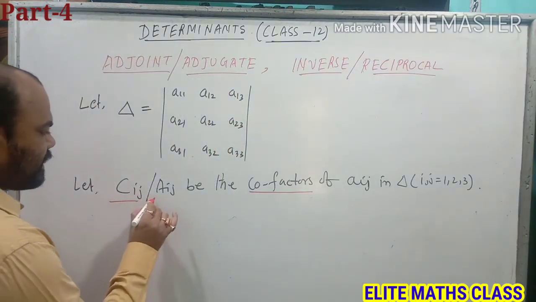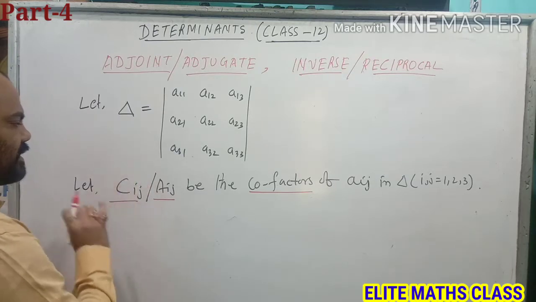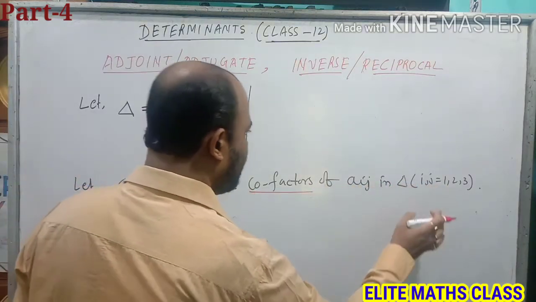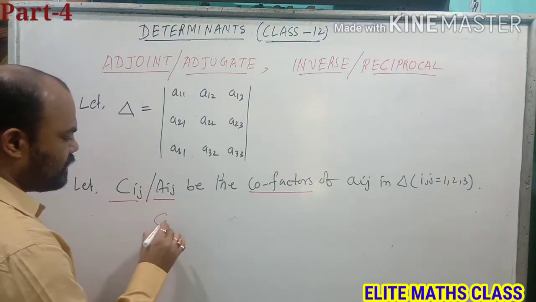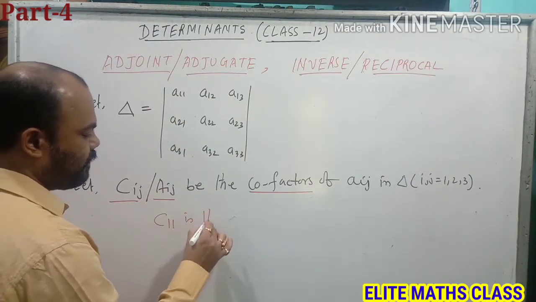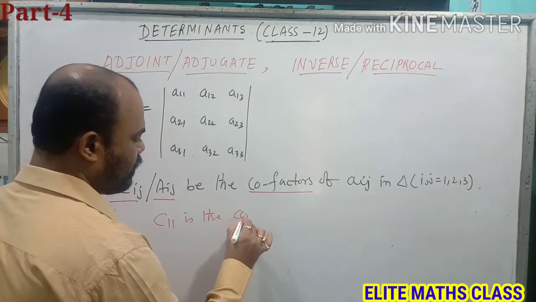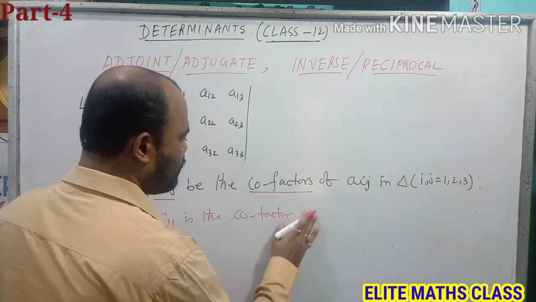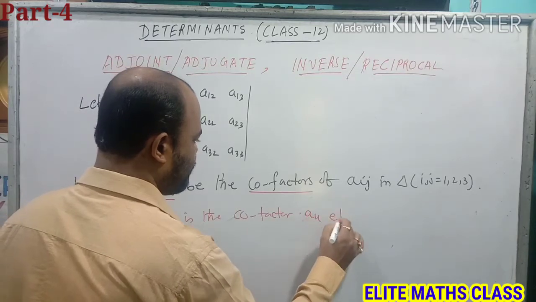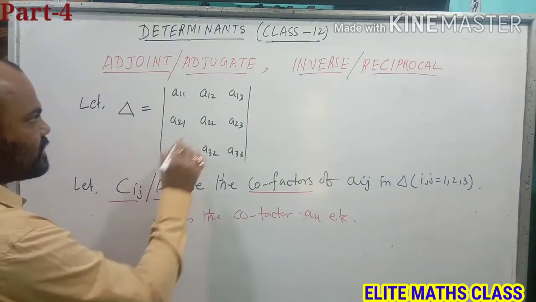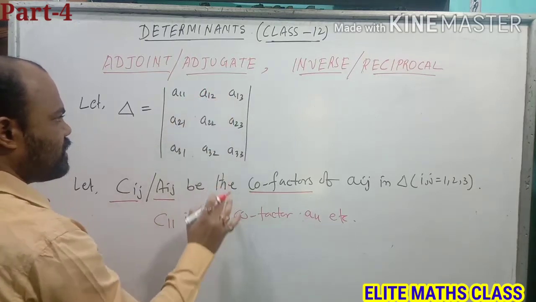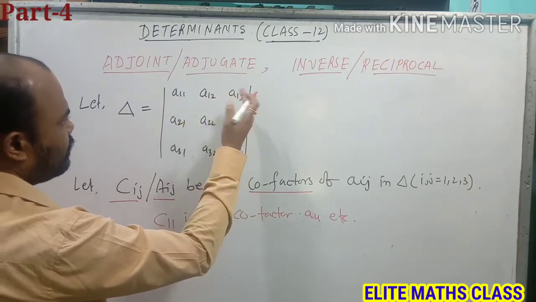Let Cij or Aij, it is denoted by Cij or Aij also, be the cofactors of aij in del. That means C11 is the cofactor of a11, and so on. The cofactor of a12 will be C12, and the cofactor of a13 will be C13.